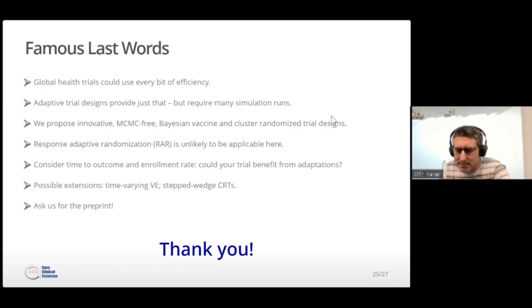But the fact of the matter is that if you have a trial that has a very slow outcome to record, such as overall survival that takes a full 5 years, and at the same time, the recruitment process is very quick, then by the time that you get the chance to conduct your first interim analysis, everyone has already been enrolled, randomized, and received the treatment. So we cannot actually adapt anything. So use adaptive designs whenever it makes sense.